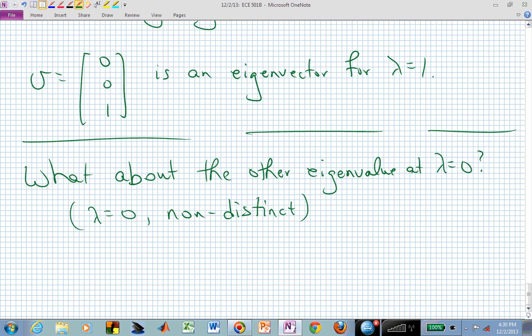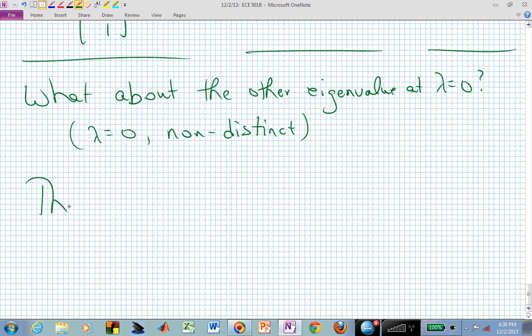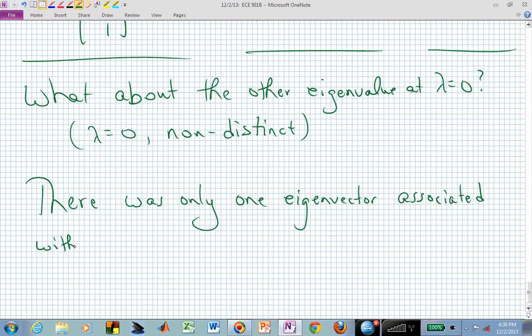It's not distinct, is it? Because we had another one right there. But what we computed was that there was only one eigenvector associated with that eigenvalue that's repeated. There was only one eigenvector associated with lambda equal to 0.